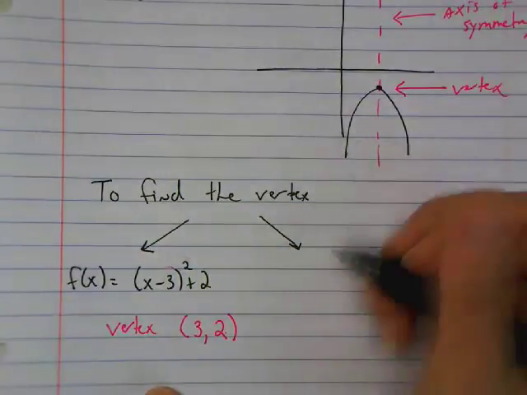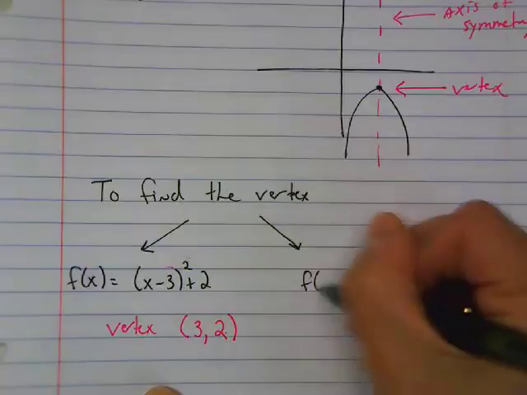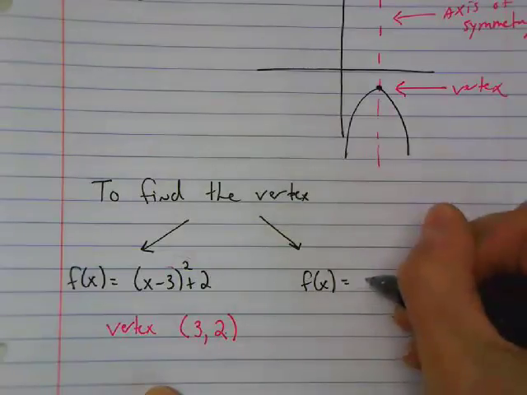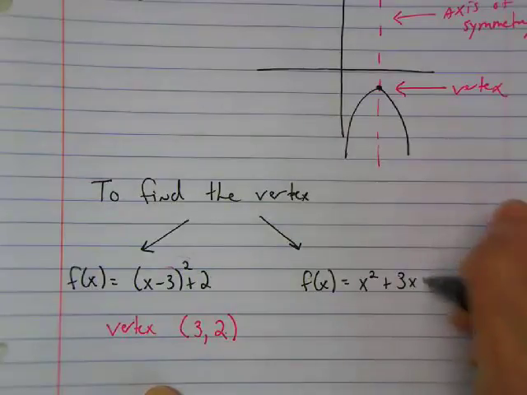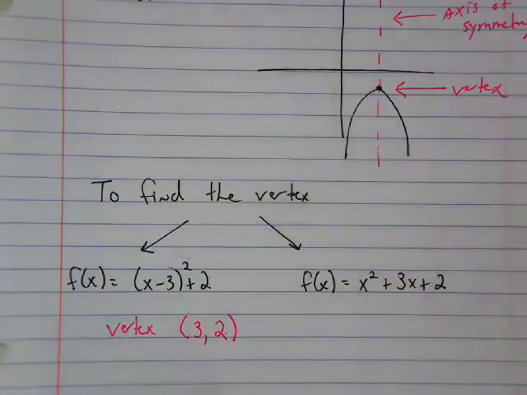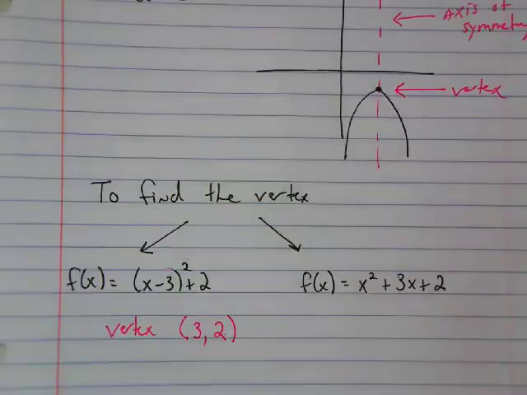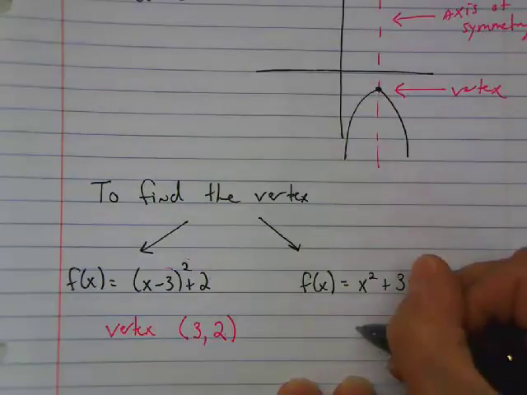The problem is when it's in the standard form. So when I have something like x squared plus 3x plus 2, then to find the vertex I'm going to have to do something different. Okay? So let's go to the general form.